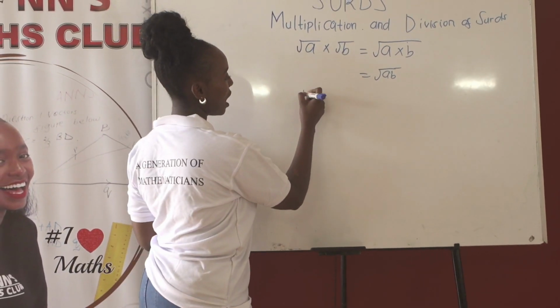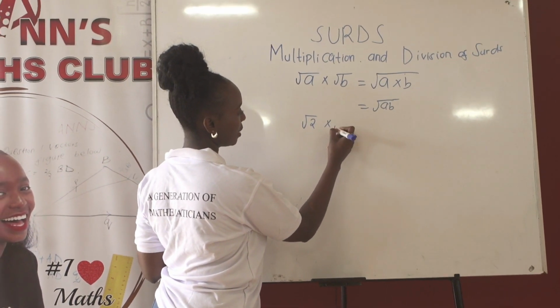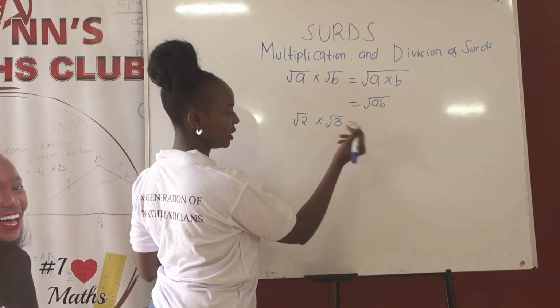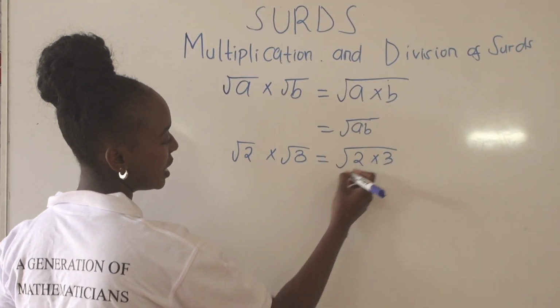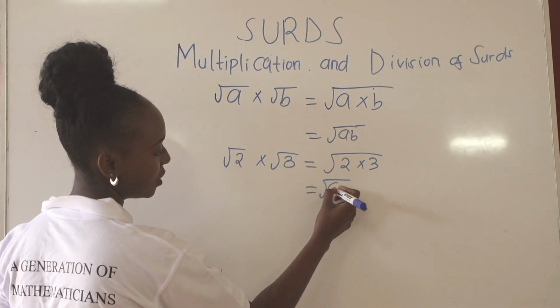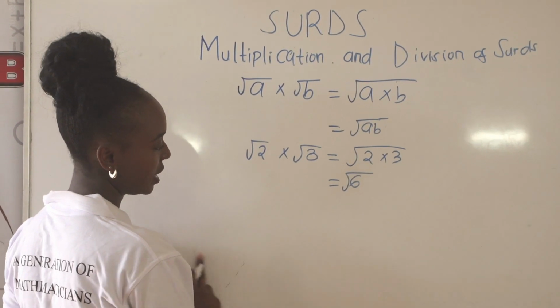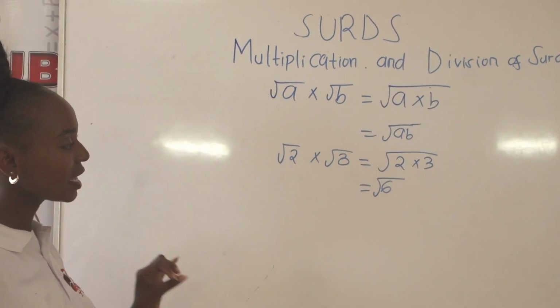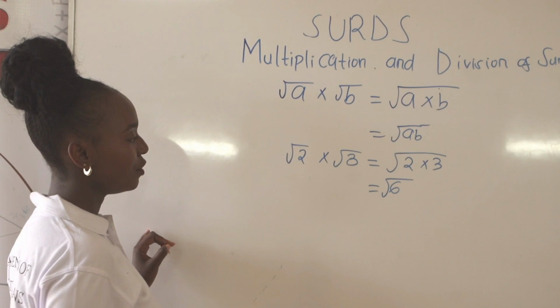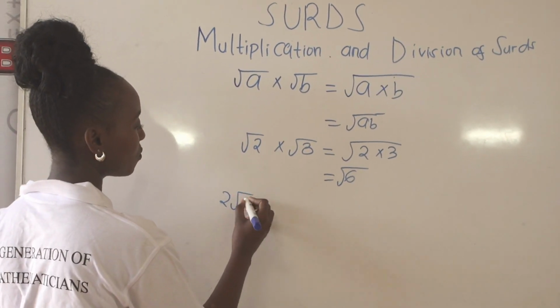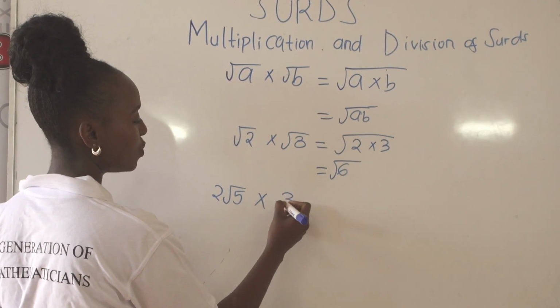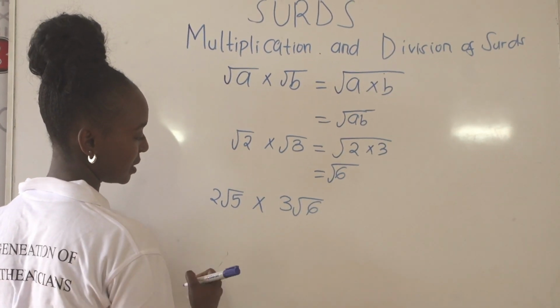For example, if you have root of 2 times root of 3, you multiply the values under the root, 2 times 3, and you get your answer as root of 6, okay? The other key thing, for example, if you have values outside, maybe you have 2 root of 5 times 3 root of 6.